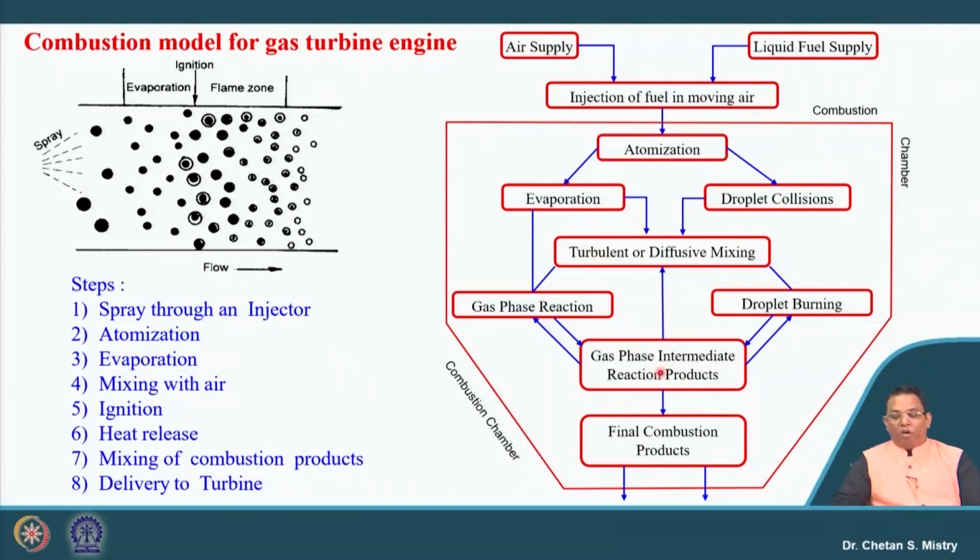After all this, it gives the reaction product, a combustible gas, which comes out and is supplied to our turbine. So, it needs to perform a lot of operations within my combustion chamber.